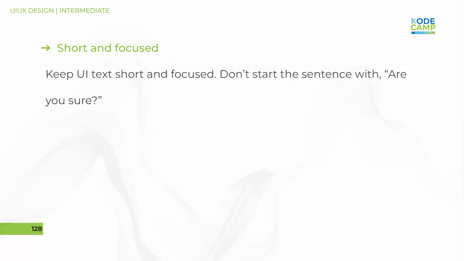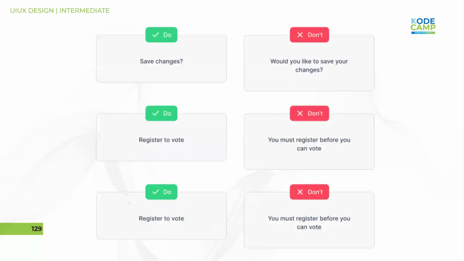Let's say you want to take an action, delete. So you have delete as the caption, and then as the label under it you can have, are you sure you want to go ahead with the delete? You don't start with, are you sure you want to delete. That is okay.